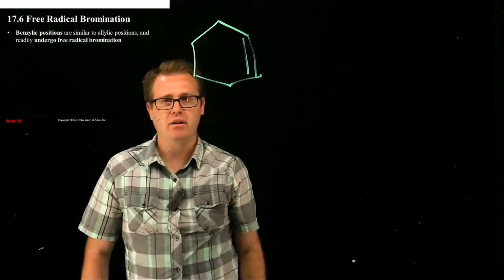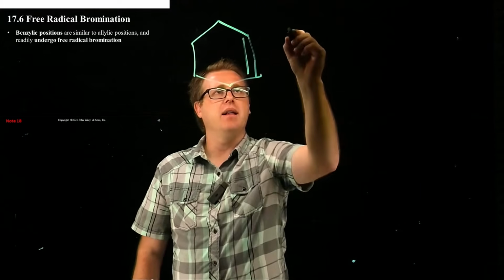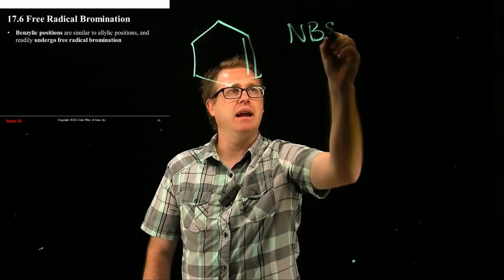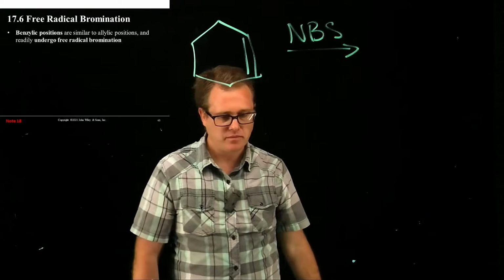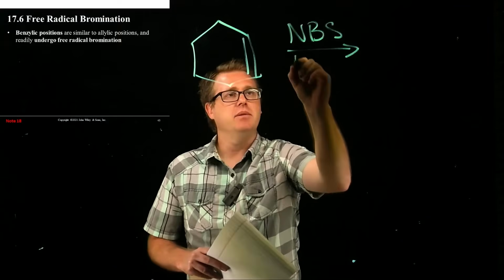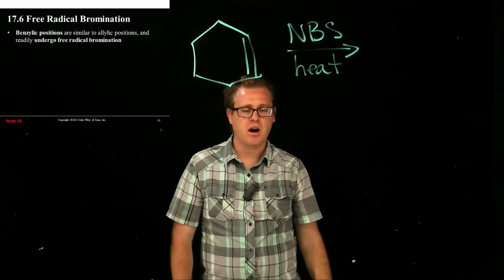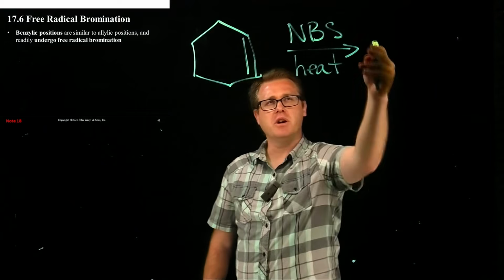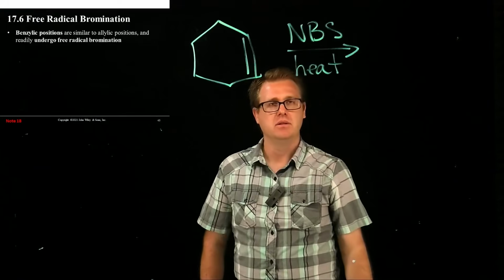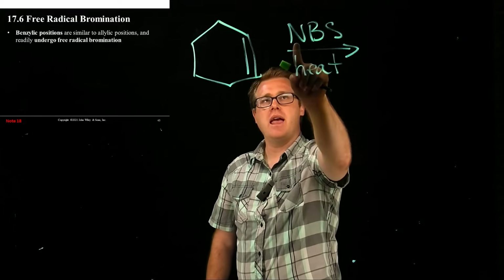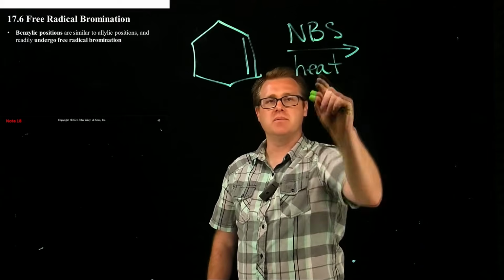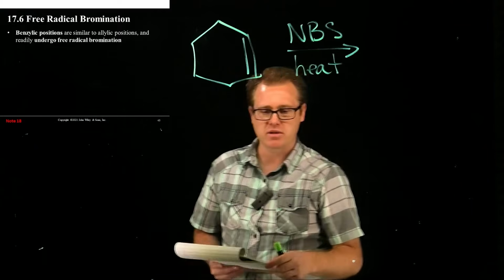So if I had an alkene, and let's say I treat it with NBS and we add a little bit of heat, do you recall what the product is? Do you recall what NBS is? N-bromosuccinimide looks like this.